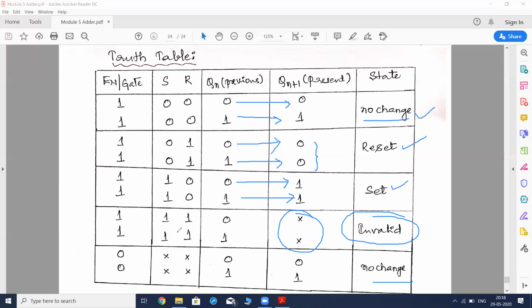When both the inputs are 1 1, we are going to get the invalid state. This truth table will give us all the possible combinations, and for these possible combinations, what output we are getting and what we call that state.